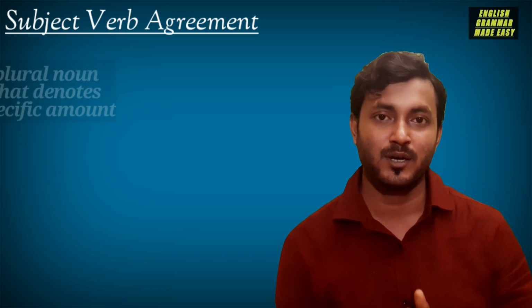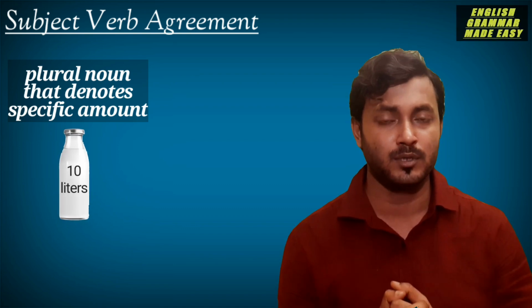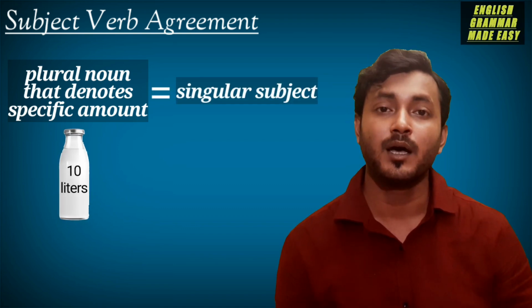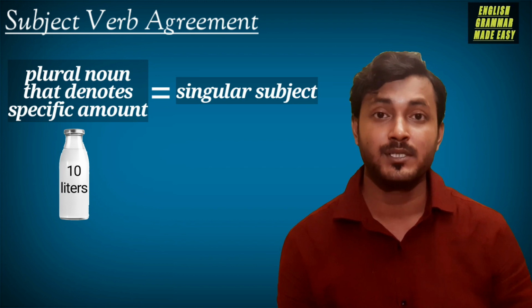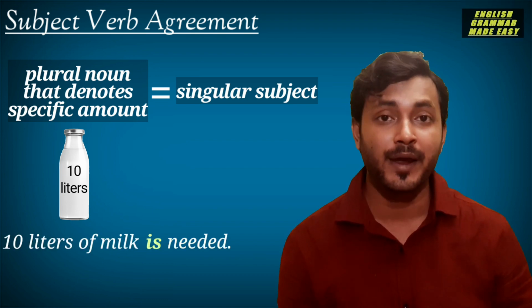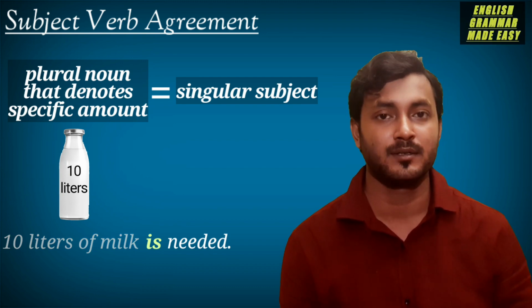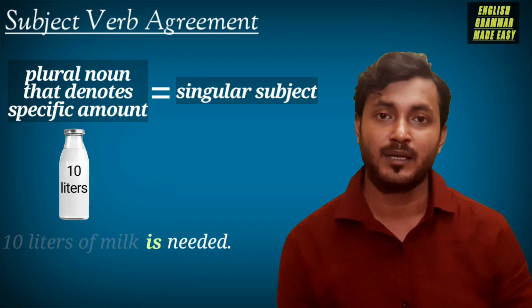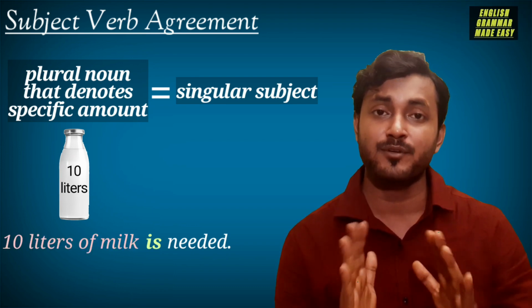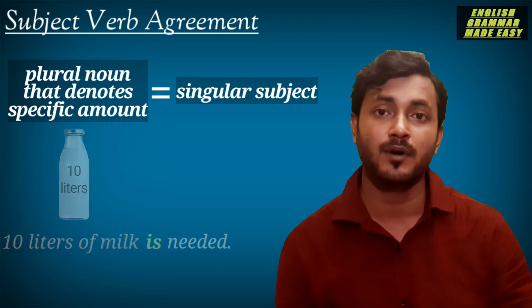And the next one is: if the subject sounds plural but refers to a singular amount, then it will be treated as a singular subject. If I say 10 liters of milk, then we will write is after it, a singular verb. 10 liters of milk: 10 liters refers to a singular amount. That's why we will use a singular verb after it.